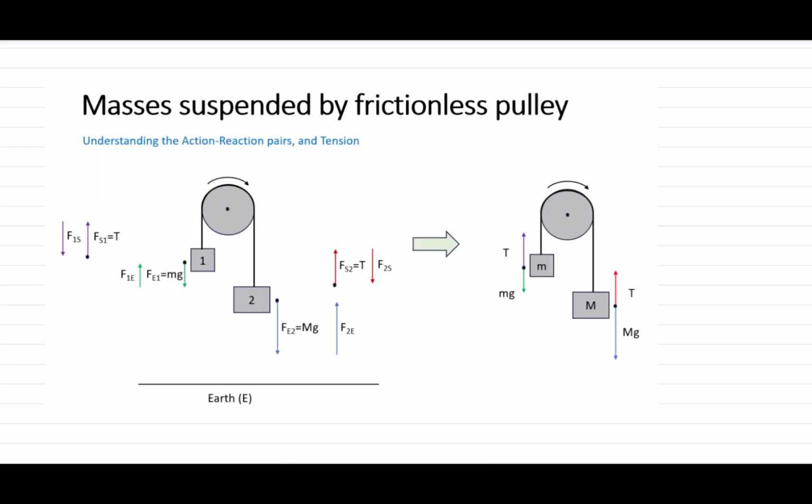Now, to be able to derive the expression for a and T, we need to consider the free body diagram, which in this case is applicable for objects 1 and 2. Let's first consider object 2.